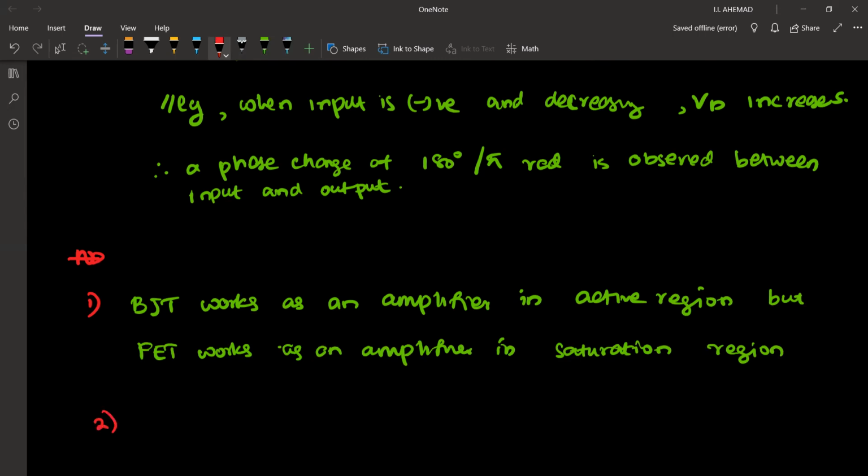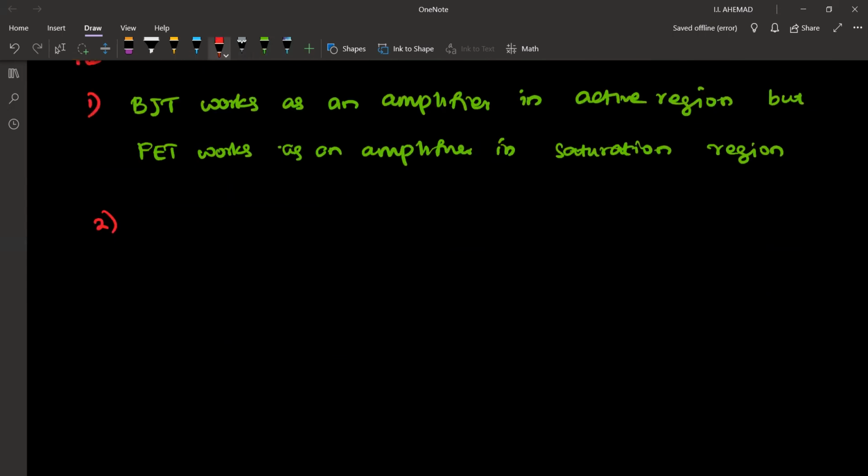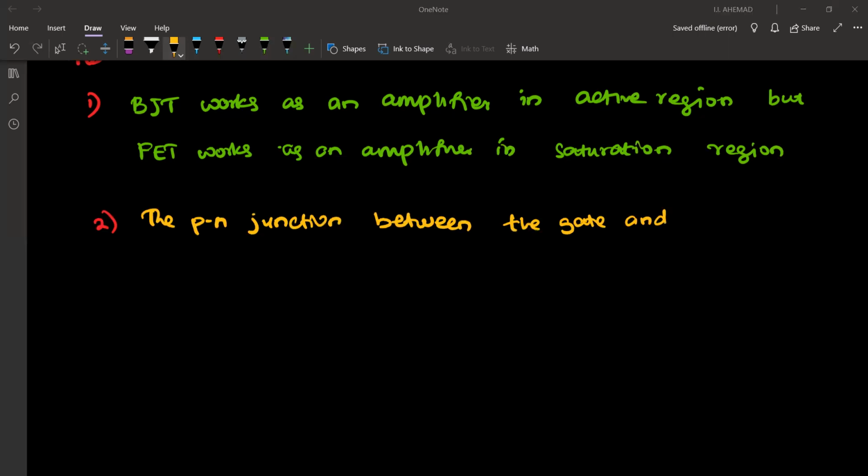Second, the PN junction between the gate and the channel is reverse biased.